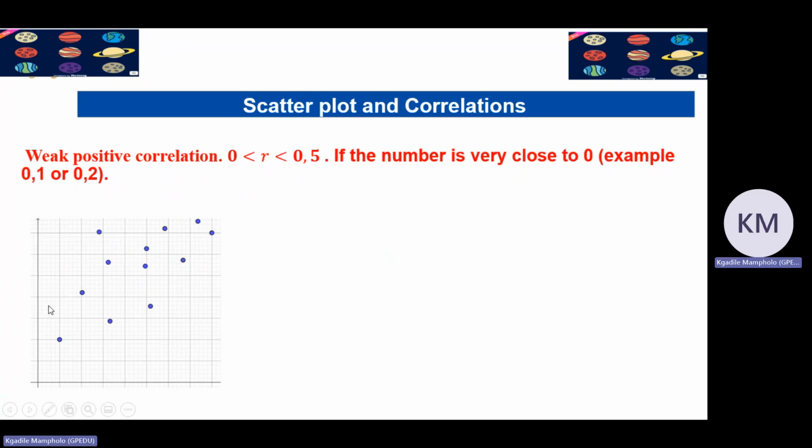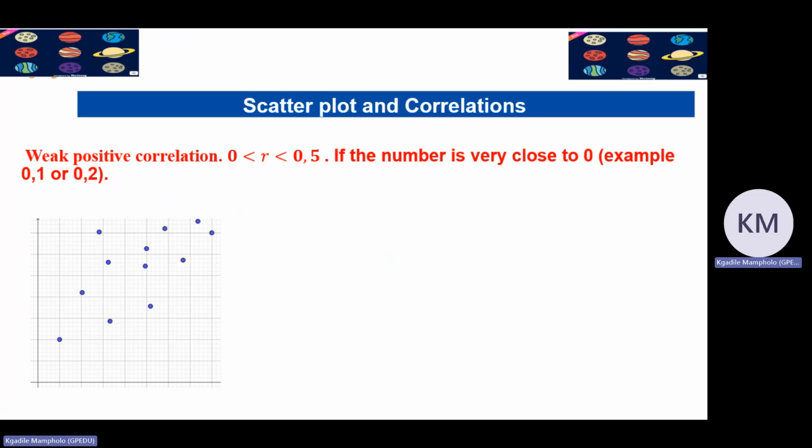Now, in this one, you can see that the points are even farther apart than in the previous slides. But there is still the trend that as the variable on the horizontal axis increases, the variable on the vertical axis also increases. The plots are not close to each other.